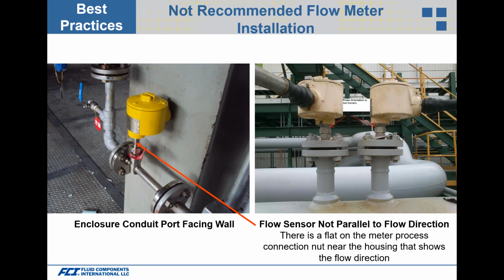But on most all flow probes, flow elements, they have a flat with an arrow showing keep this perpendicular to the flow, meaning there is a certain way to install a flow element in the application itself. And it does become critical if it's not within 10 to 20 degrees of how it should be installed.